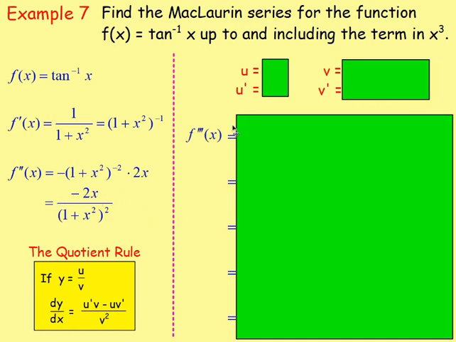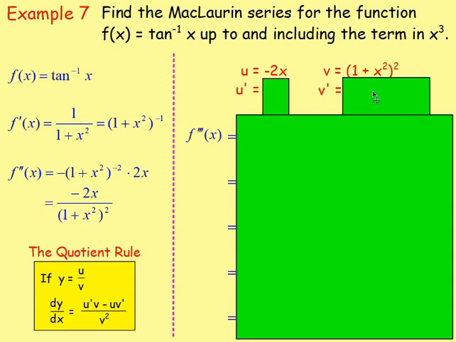At the top here, we've got this negative 2x. At the bottom, we've got this (1 plus x squared) all squared. Differentiate both of them, so u dash will be negative 2. Differentiate v, so v dash will be, either you can multiply the brackets here because it's only squared, or you could just bring the power down, take one off the power, multiplied by the derivative.